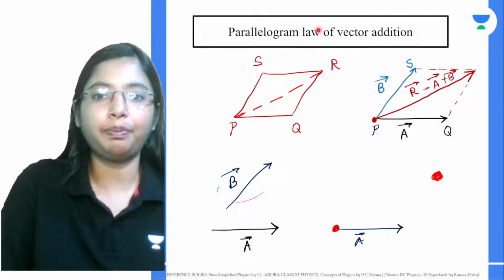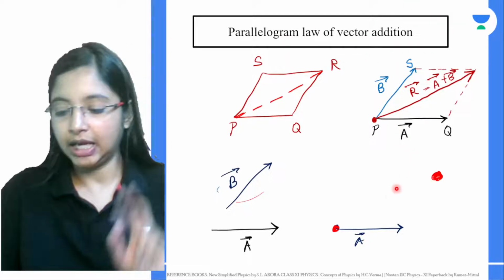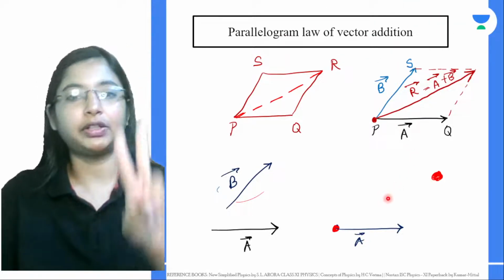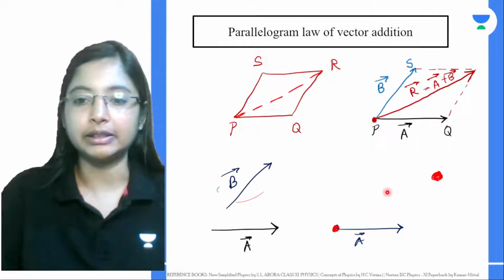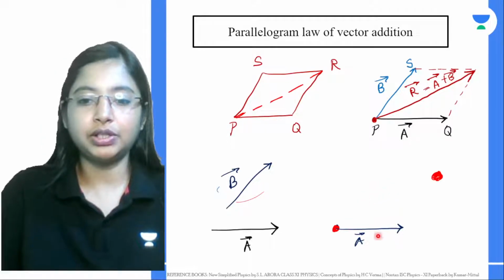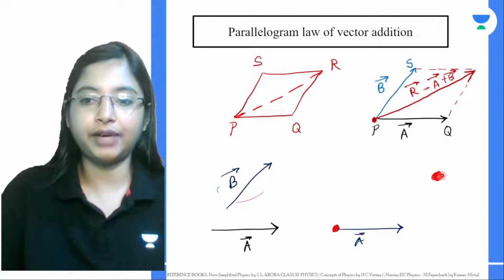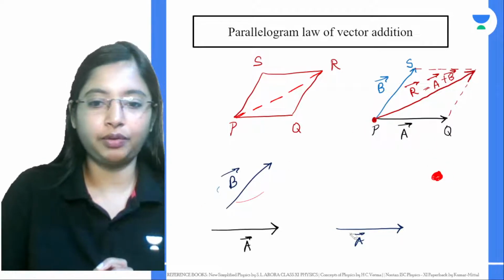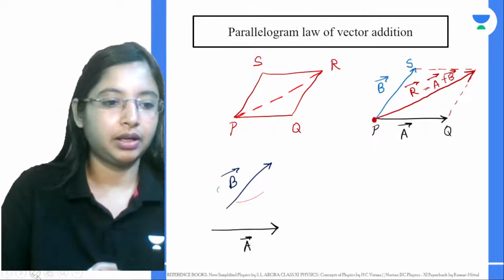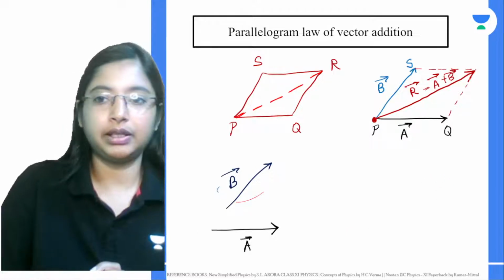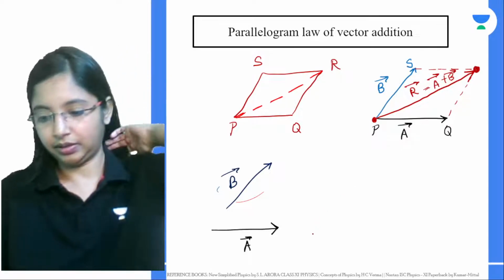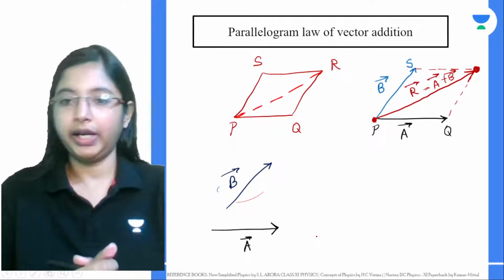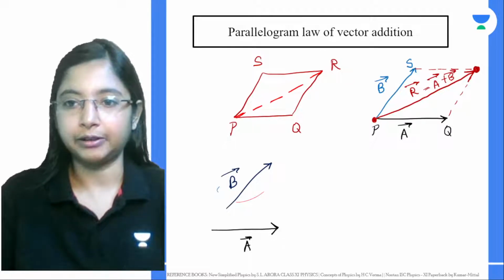So this is according to the parallelogram law of vector addition. Using the parallelogram law of vector addition, you can add only up to two vectors. This was the initial position, and this one over here is the final position of the marble. So this gives you the resultant.